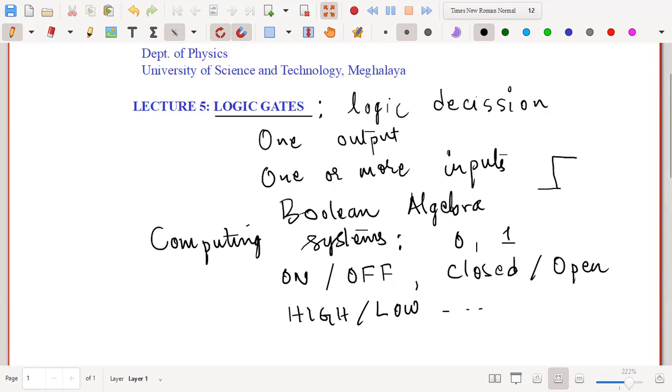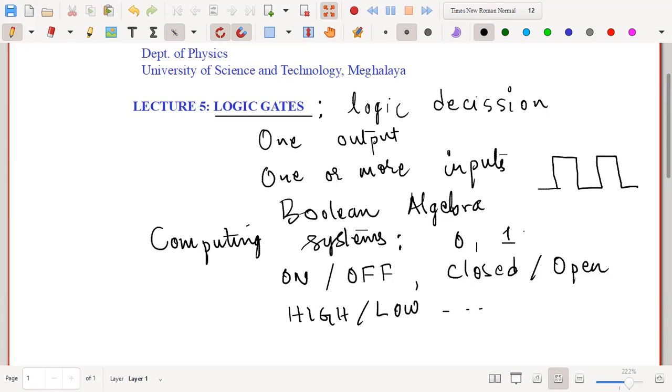The discrete time signal looks something like this, a clocked signal. It has only two possible values, which may be either 0 volt or 5 volt, depending upon what kind of voltages you are using. The lower value is used to represent 0 and the upper one is used to represent 1.